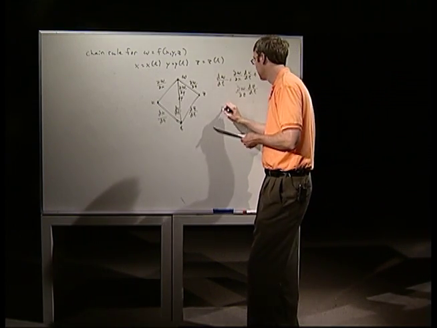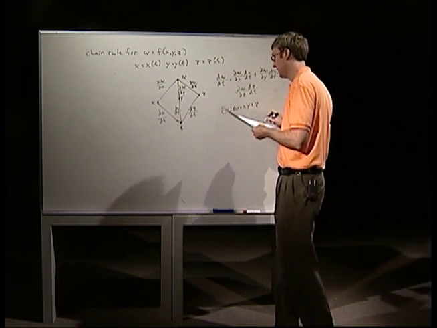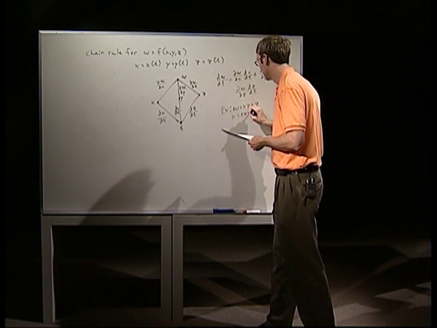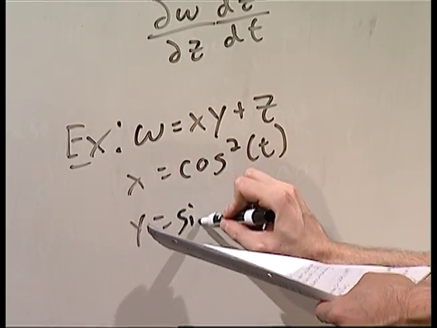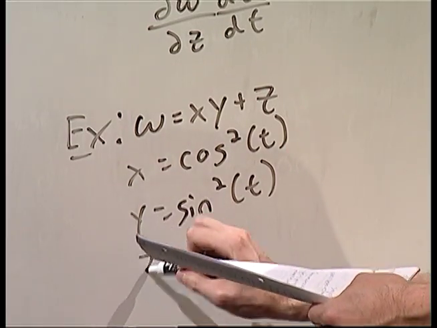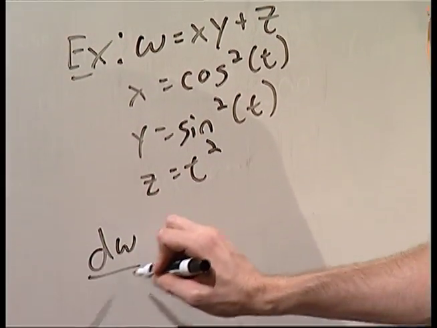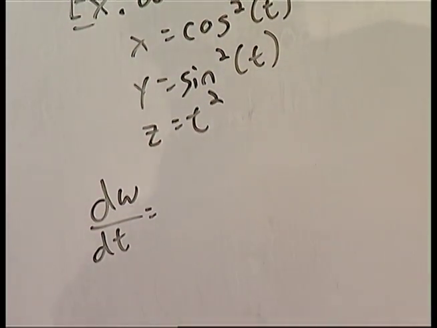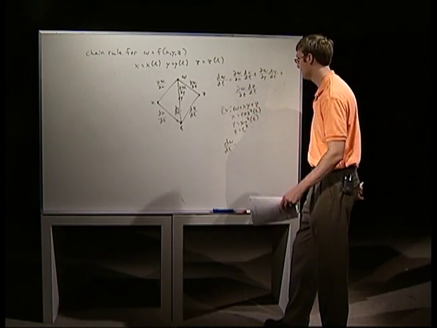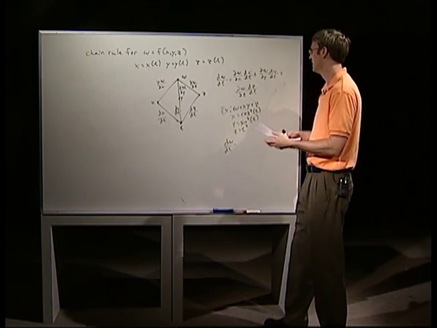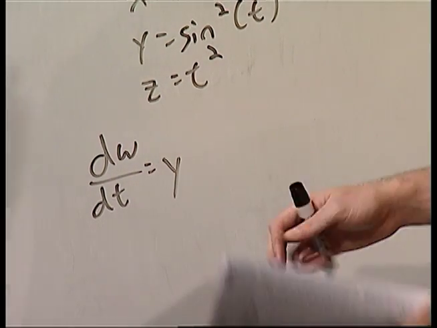All right, a brief example. Let's say that w was xy plus z, and let's define x to be cosine squared t, let's define y to be sine squared t, and let's define z to be t squared. Then we can process this rather quickly. Partial w, partial x. Remember, this just means we fix y and z. So this is like a constant function of x with a y coefficient. So that's y.